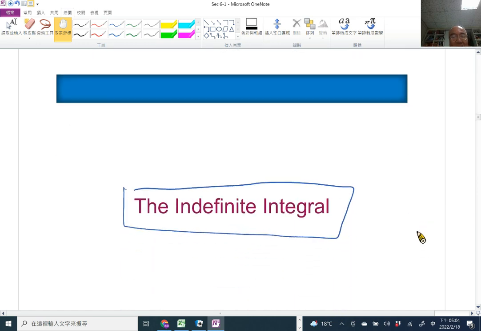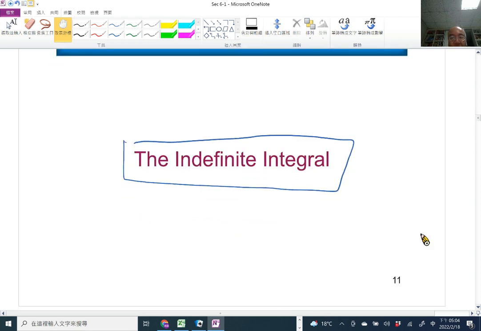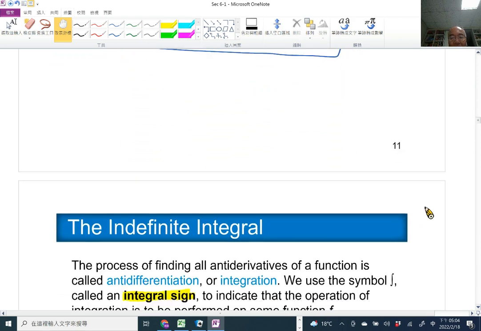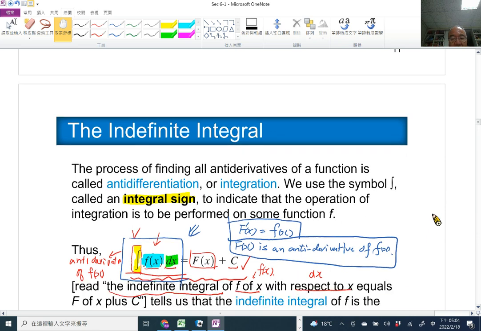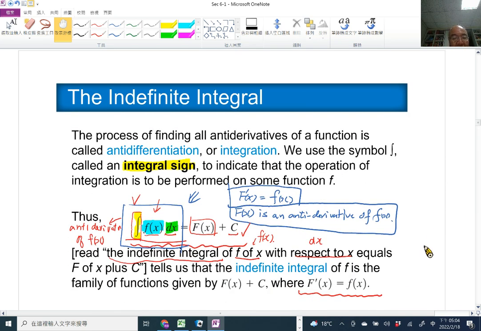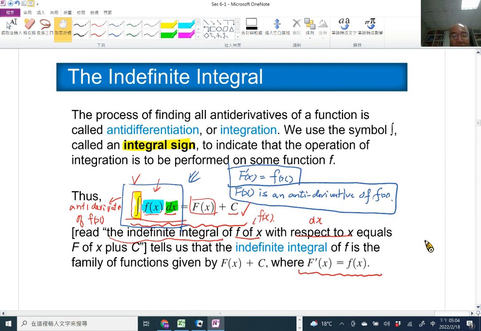Now we formally define the indefinite integral using the antiderivative idea. The basic information is that capital F of x is an antiderivative for little f of x.